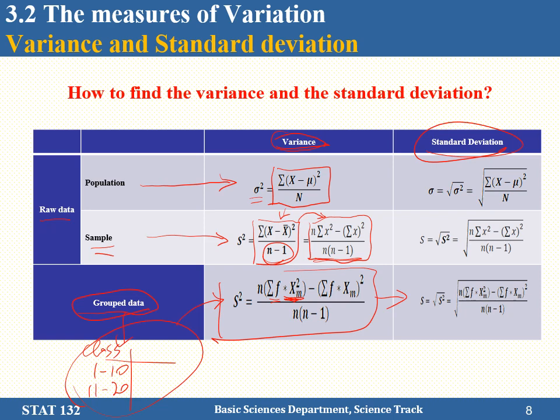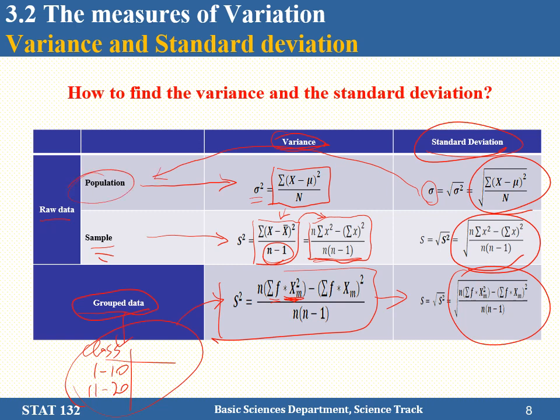It might be population, sample, or grouped data. It doesn't matter because you always take the square root of the variance. One thing here: this sigma symbol, when you see it, you will understand this is for the population. When you see S, this is for the sample standard deviation. And for grouped data, we use S as well.